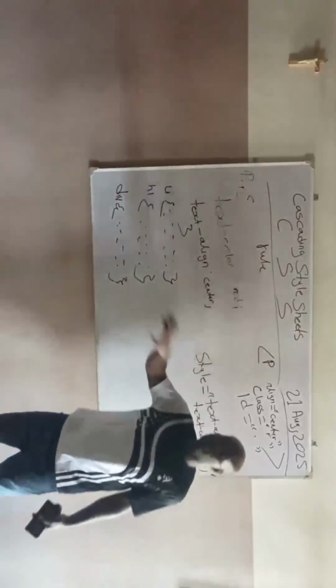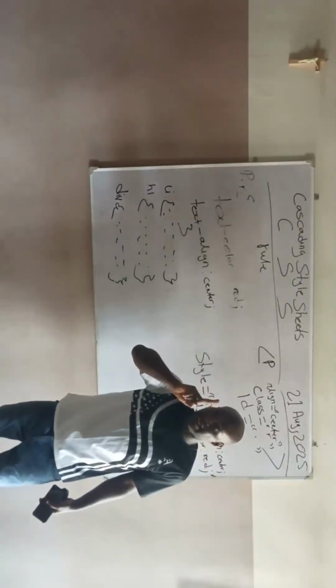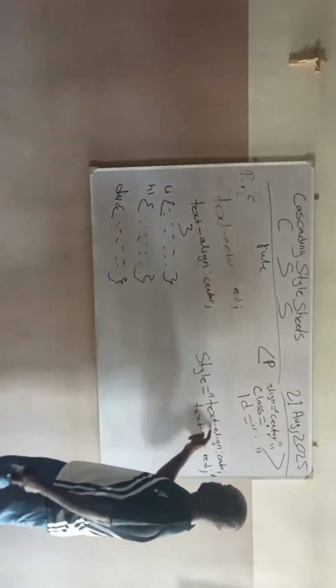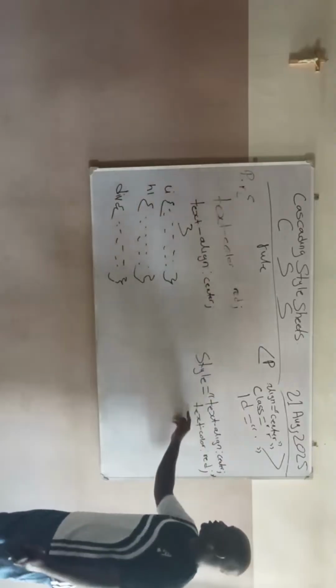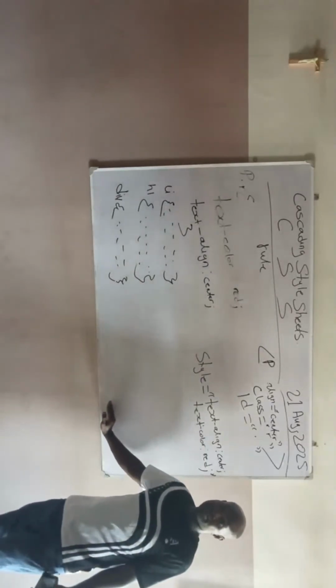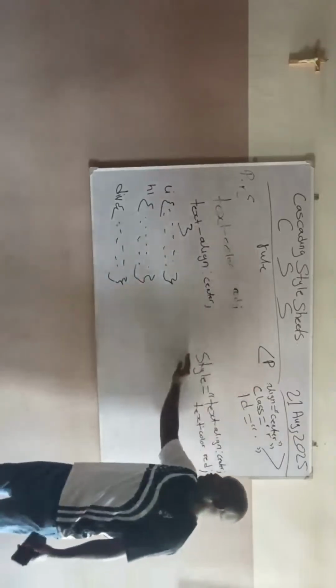So in my P element, if I don't want to do all these declarations, I just open my style, put all my declarations, and end with a semicolon. Even if I want, I can put 1 million declarations here. Only this particular paragraph is affected.